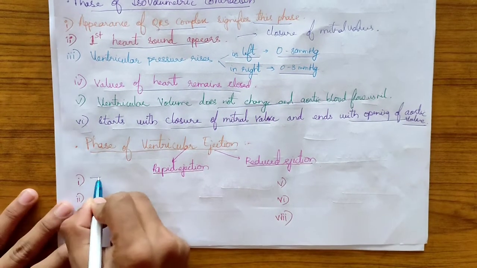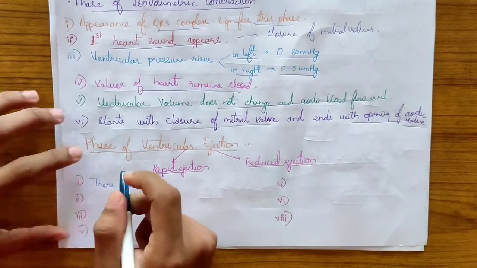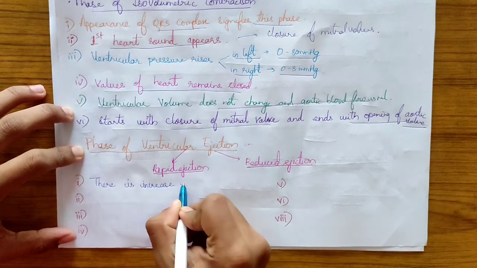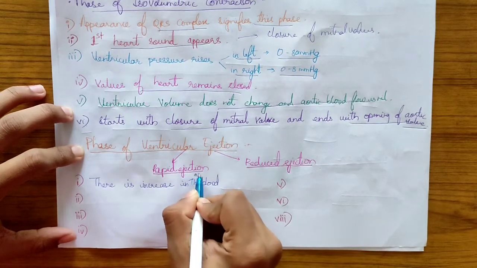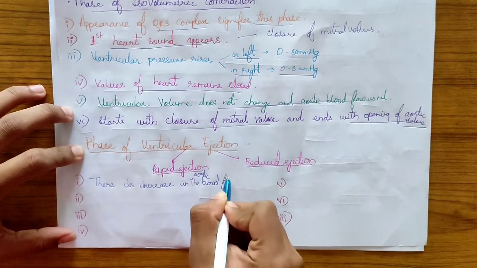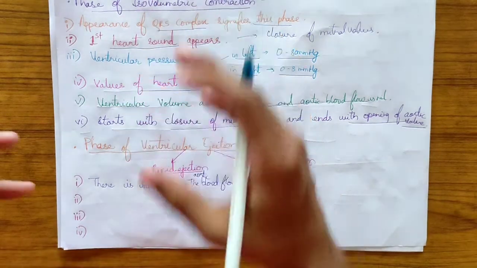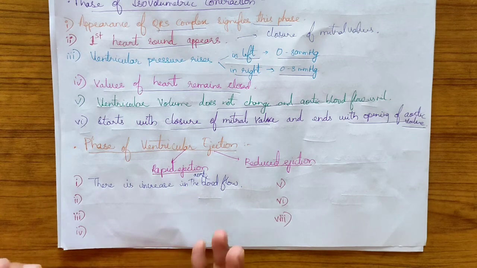Let's understand this. There is an increase in the aortic blood flow. Why does this happen? Because when the blood is stored in the isovolumetric contraction, there is the creation of potential energy.